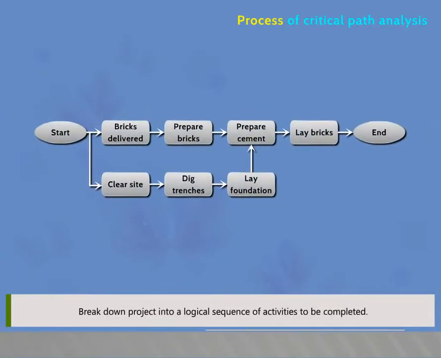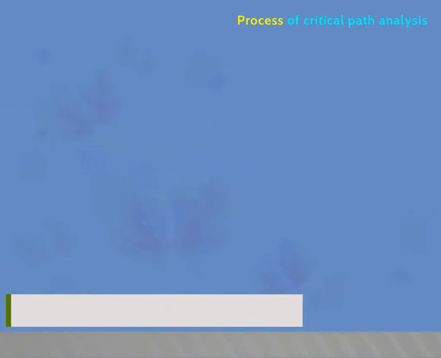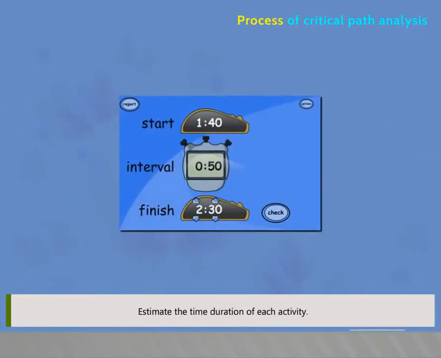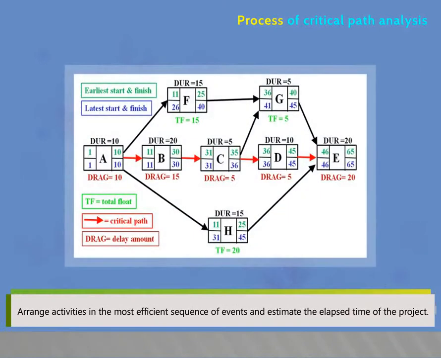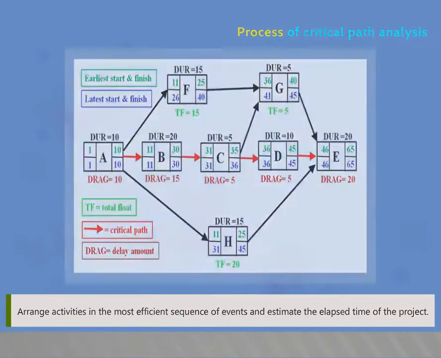Process of critical path analysis. Break down the project into a logical sequence of activities to be completed. Estimate the time duration of each activity. Arrange activities in the most efficient sequence of events and estimate the elapsed time of the project.